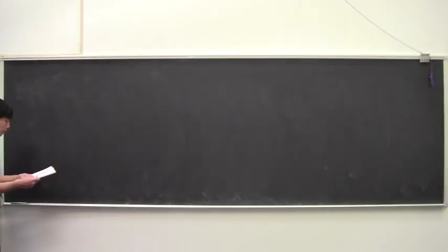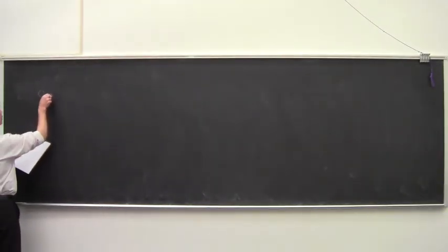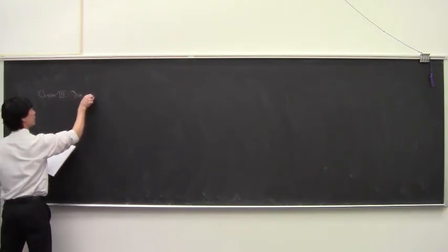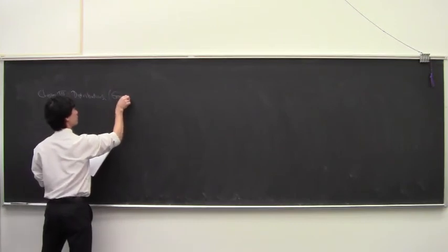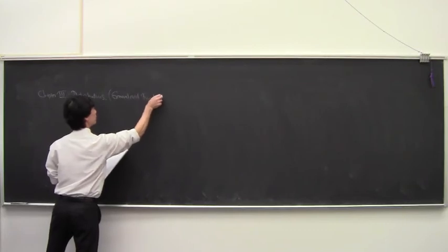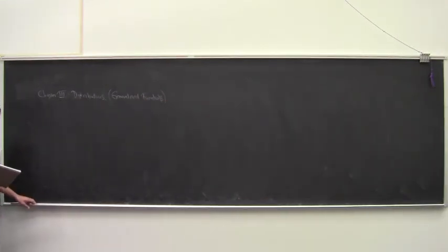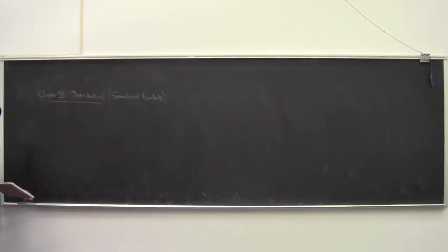Okay. So chapter 3 is about distributions, also called generalized functions by the Russians. I think generally people in the US call them distributions, but you could call them generalized functions if you want to seem eccentric.